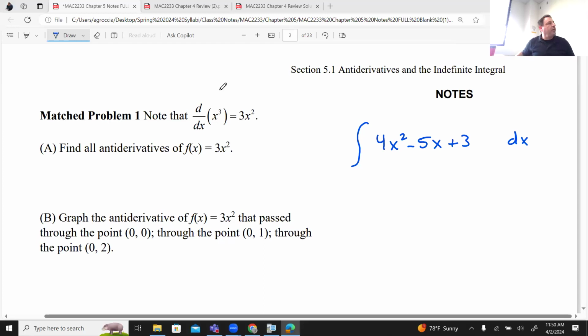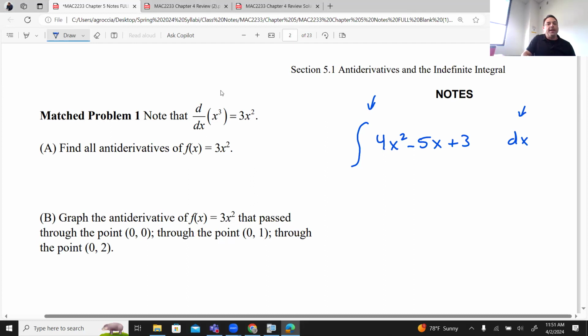So now we're starting with take the integral of 4x squared minus 5x plus 3 dx. Just to remind you a couple things, this integral symbol means take the antiderivative. And dx just means with respect to x. When you take the integral with respect to x, both of those just drop out.